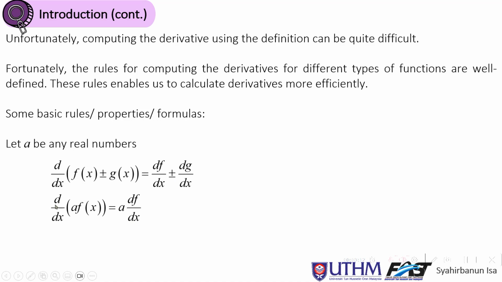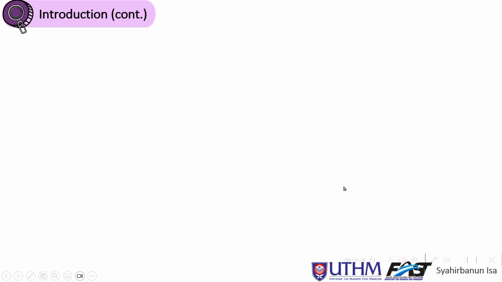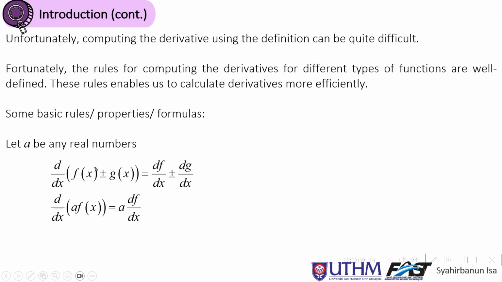If we have a function multiplied by the scalar a, we can just multiply the scalar with the differentiation of the function. These are the basic properties of differentiation. However, there is no such simple rule for the product, the multiplication of two functions, or the division of two functions, the quotient.